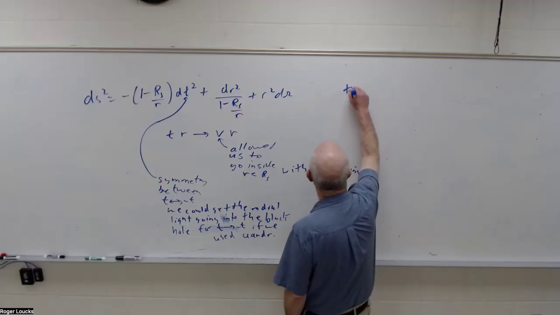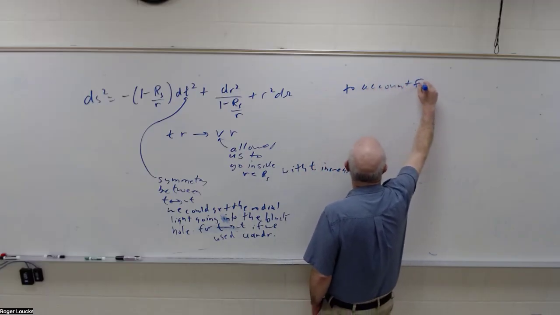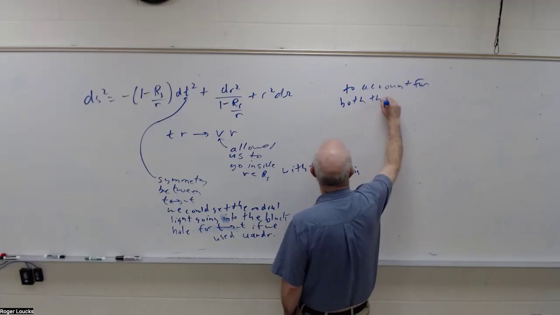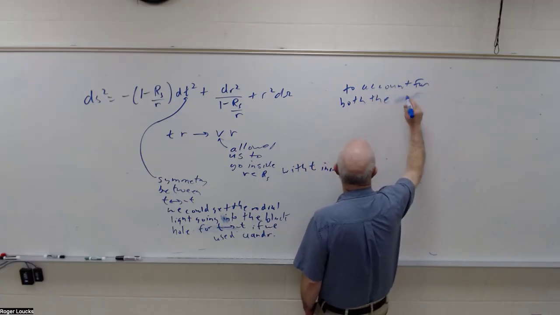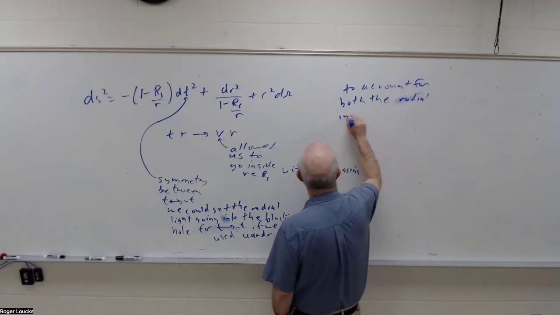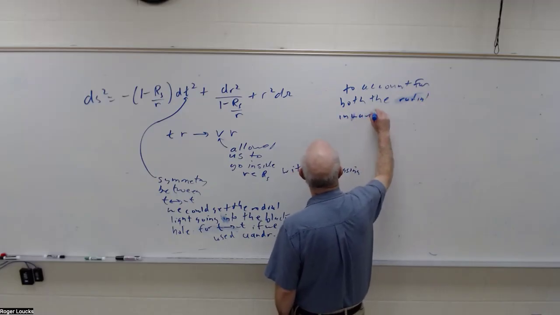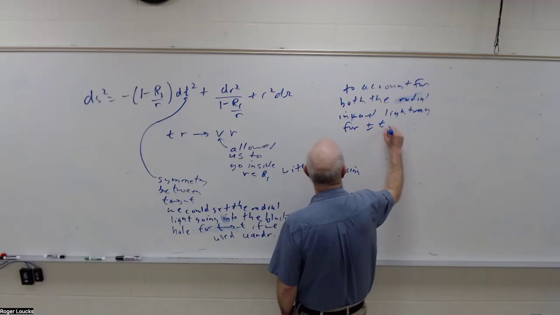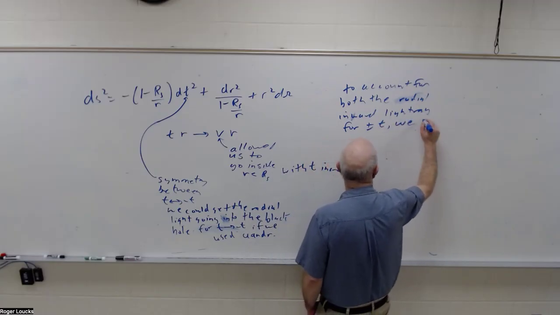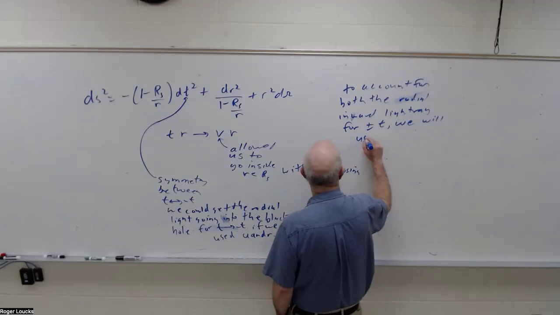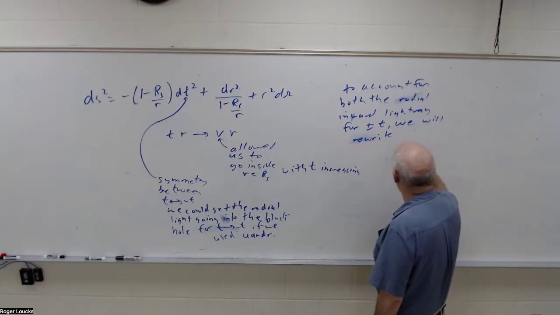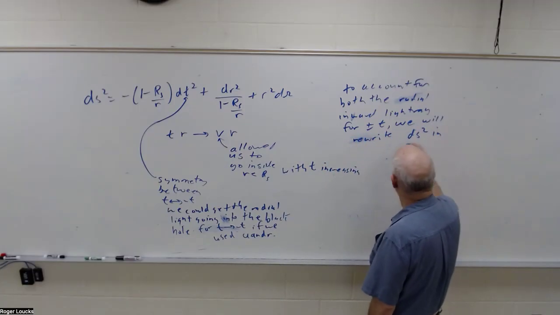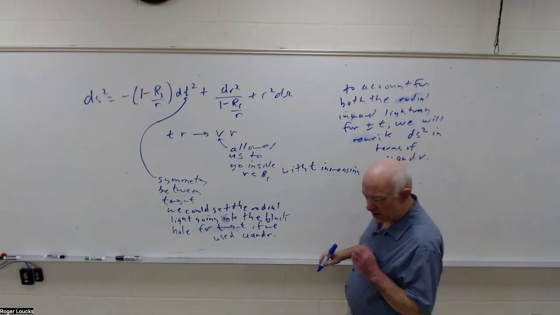So to account for both the radial inward light rays, or plus and minus t, we will rewrite our ds squared in terms of u and v. And that was daily homework.